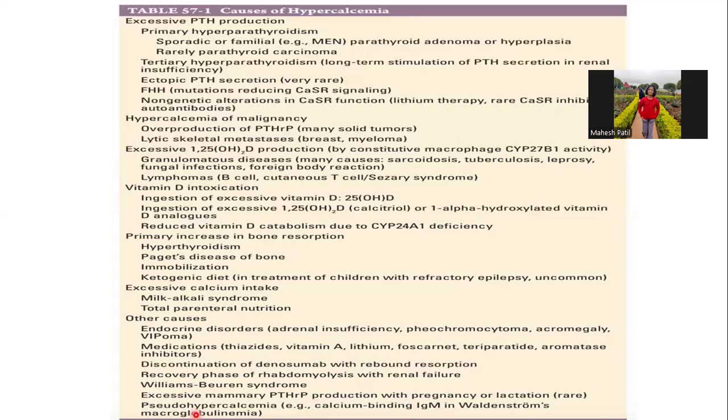There might be pseudohypercalcemia also, and Williams-Beuren syndrome. So this is the list of causes of hypercalcemia.